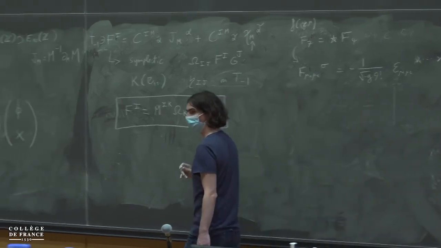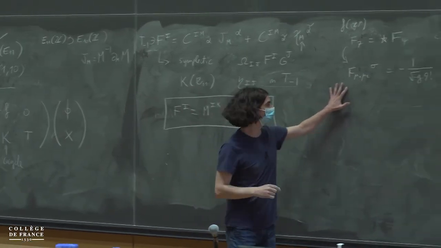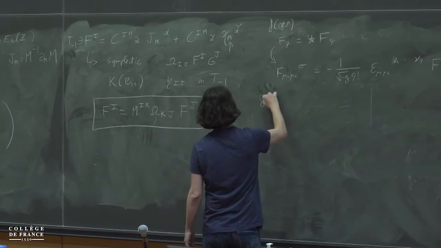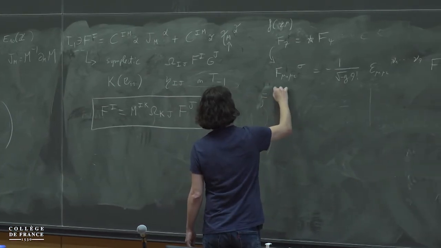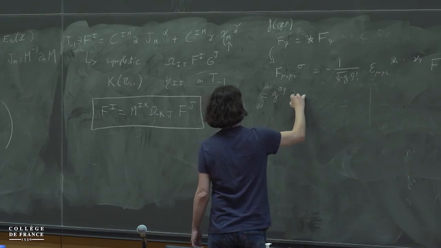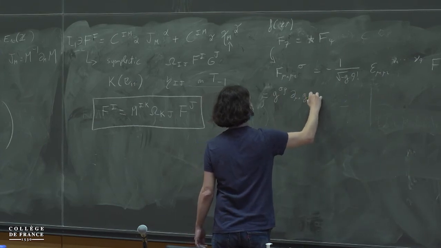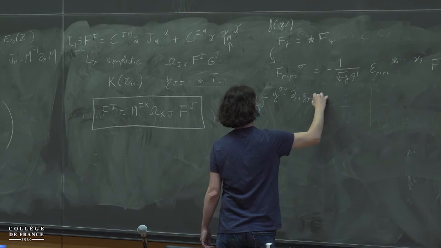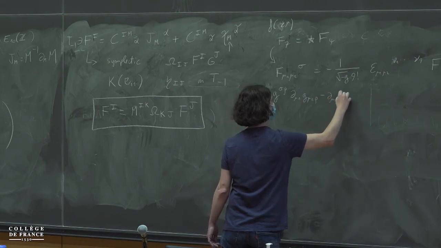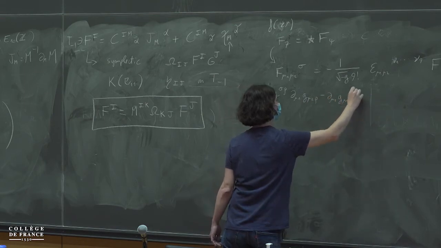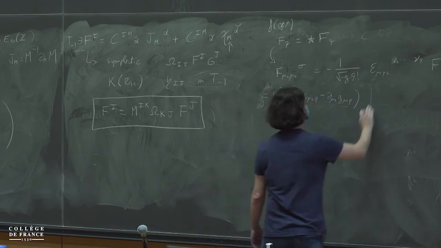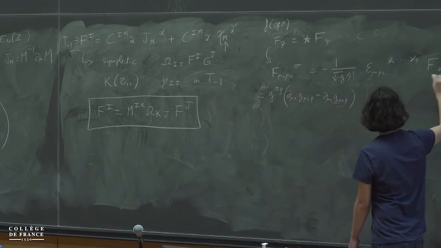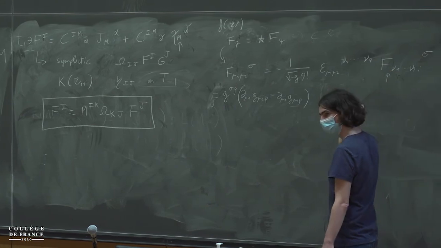So this is just a flux for the metric. It can be written very explicitly as g_{sigma rho} d_{mu1} g_{mu2 rho} minus d_{mu2} g_{mu1 rho}. And this is something more complicated that involves a dual graviton.